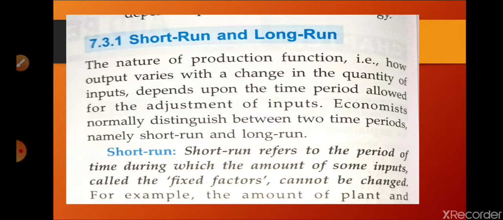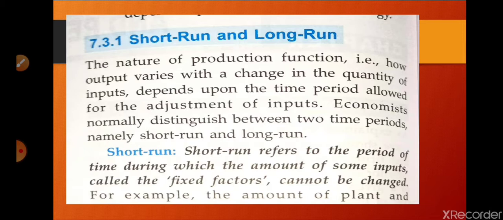For example, a producer wishes to increase the output in the short run, and he can do so by using more of variable factors like labor and raw material, with a given quantity of fixed factor. That means he can change the raw material and the labor, but he cannot change the fixed factor.